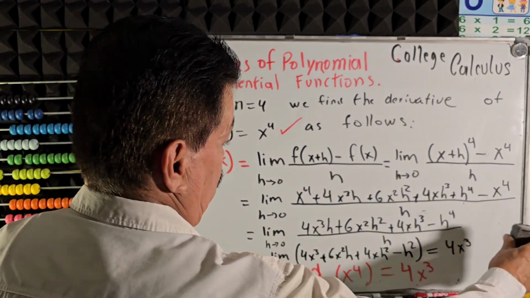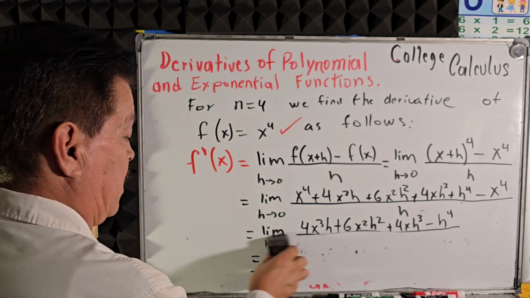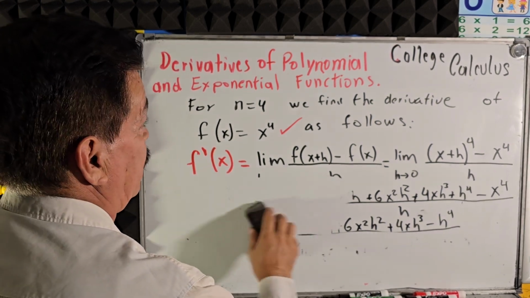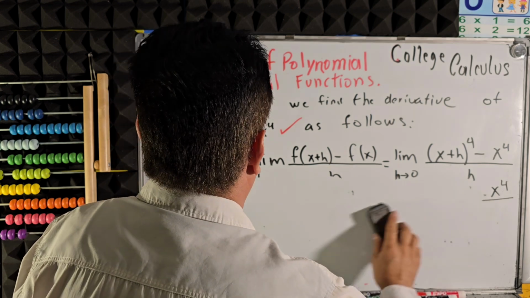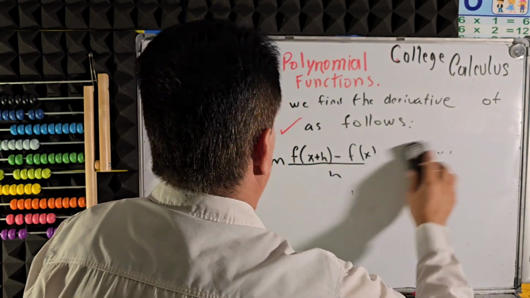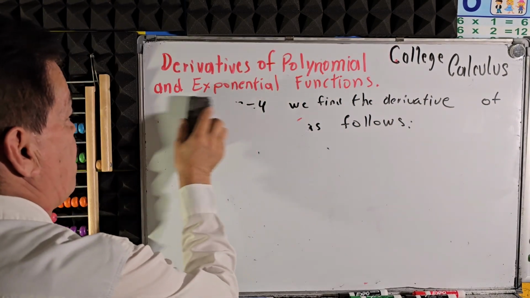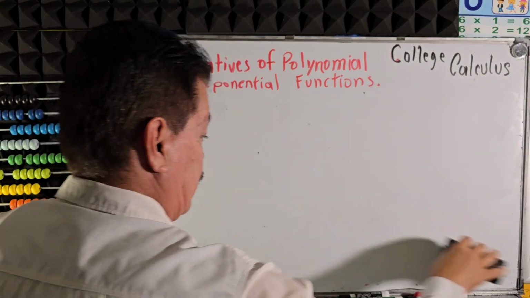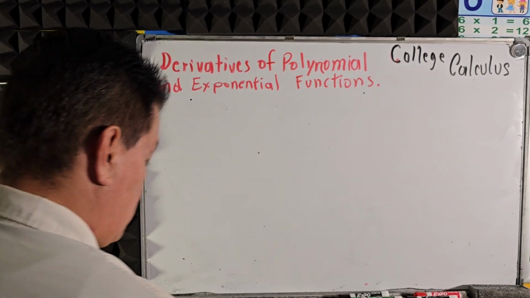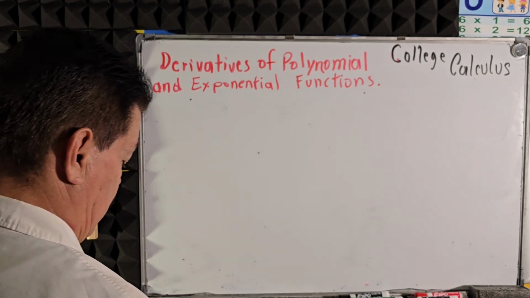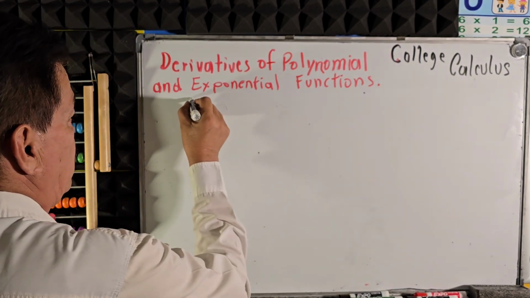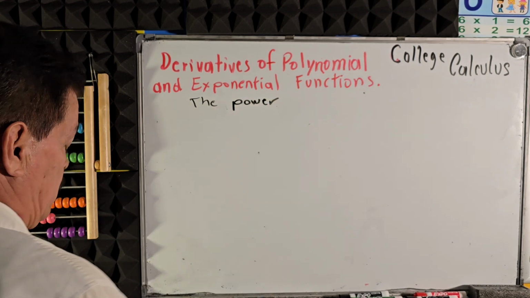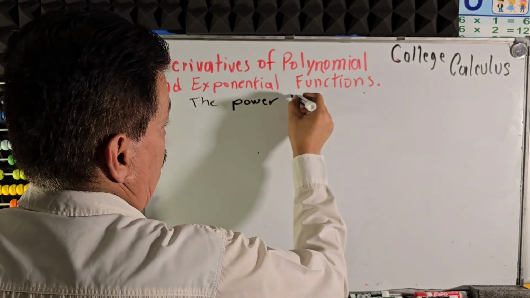So that's it. Let me explain another concept belonging to this topic: derivative of polynomials and exponential function. Okay, so the next concept, the next property, the power rule.